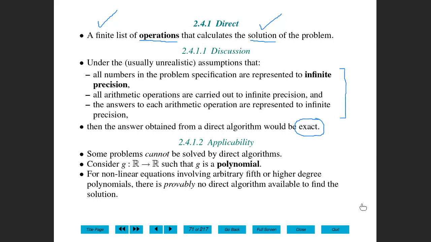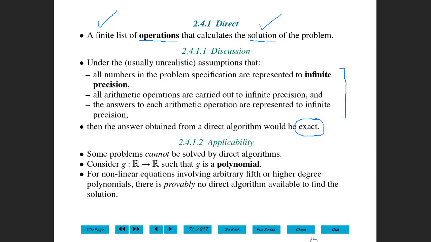Either by substitution, or by the elimination method. Yes, great. So that is direct: we will get a direct answer, an exact answer.